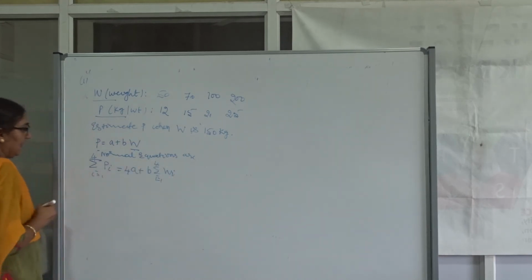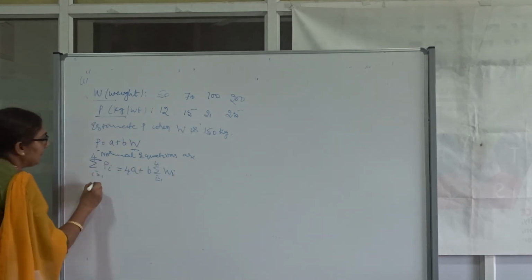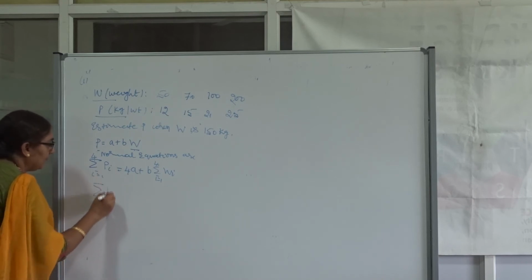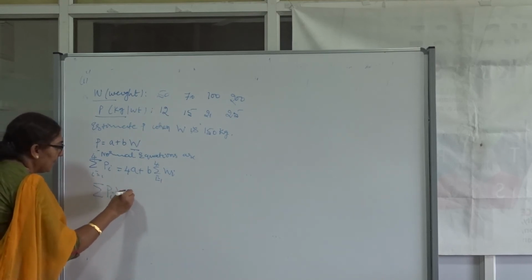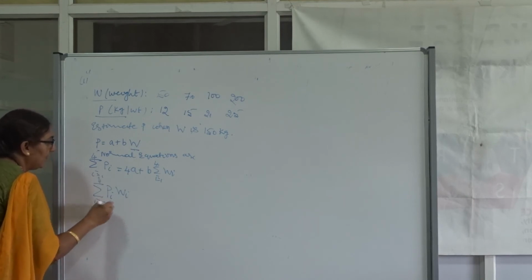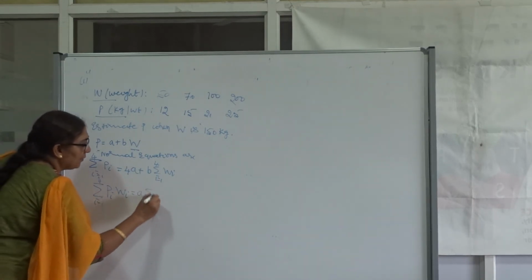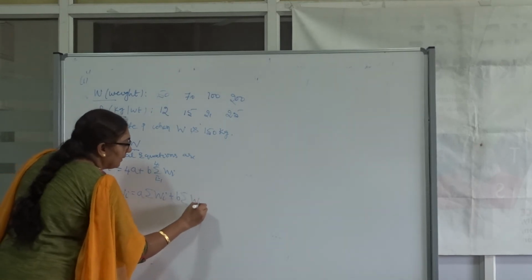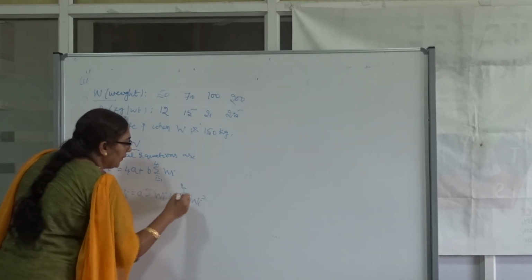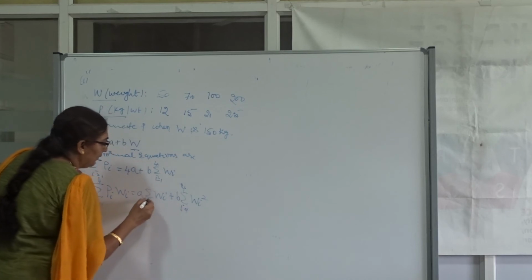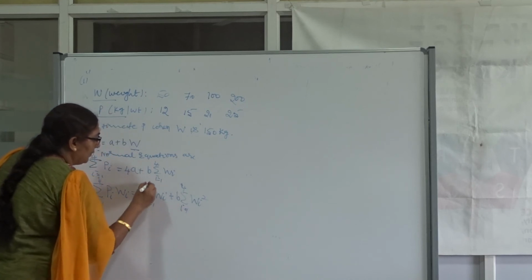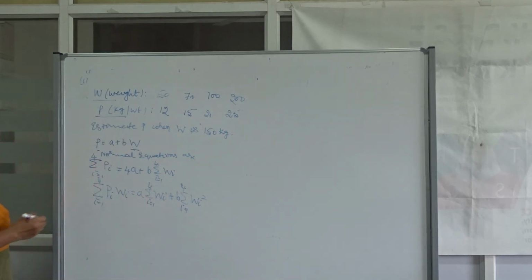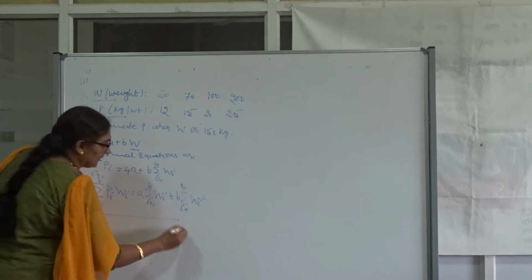Next, multiplied by W, we get sigma Pi Wi equals a into sigma Wi plus b into sigma Wi square, for i ranging from 1 to 4. I told you already, consult the table.